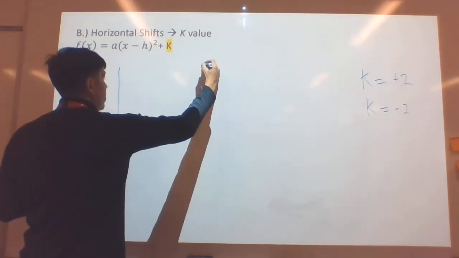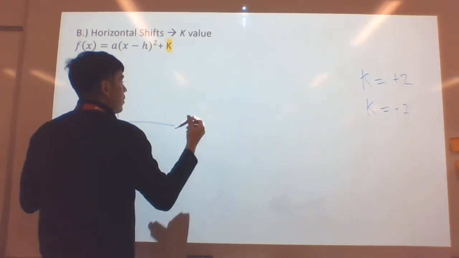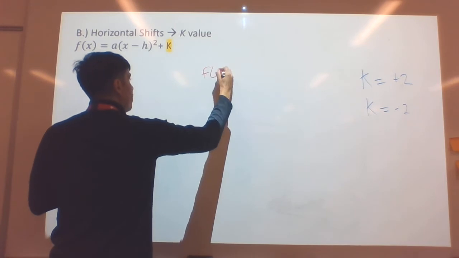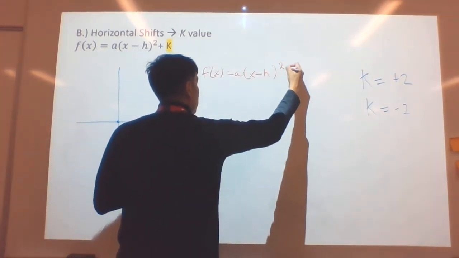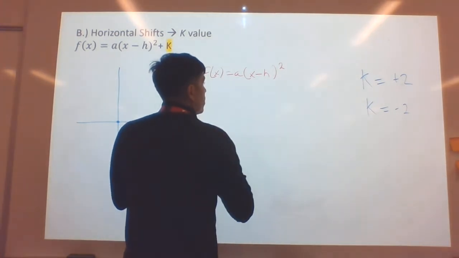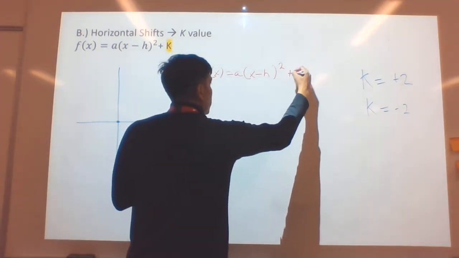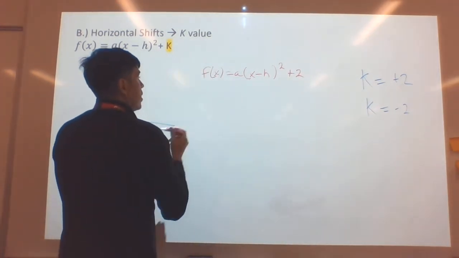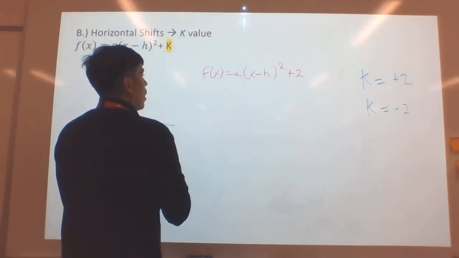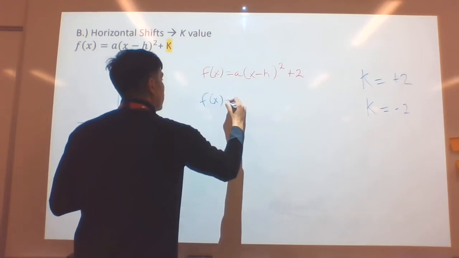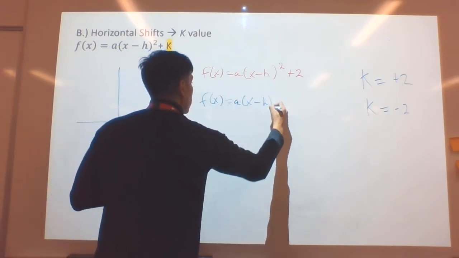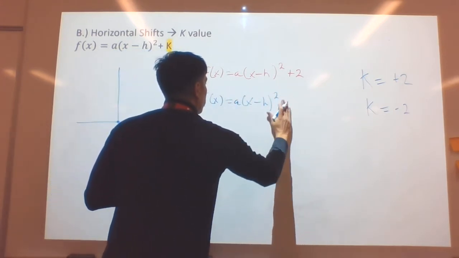If we were to say this is f of x equals, let's say, plus 2, and we're going to say f of x equals a of x, minus 2.